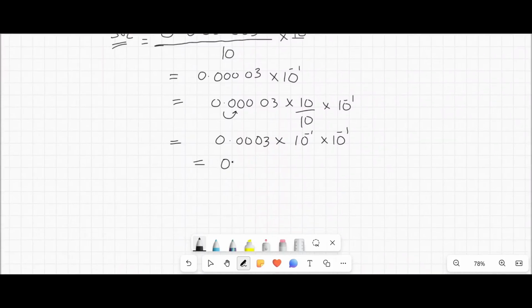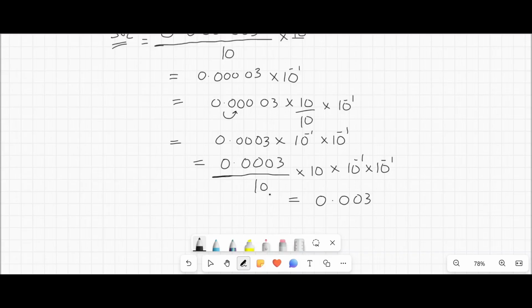So 0.0003 divided with 10 into 10 into 10 raised to -1, 10 raised to -1. The 10 in the numerator will multiply with our number, so we will get 0.00 and 3.